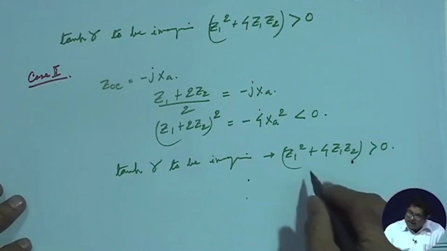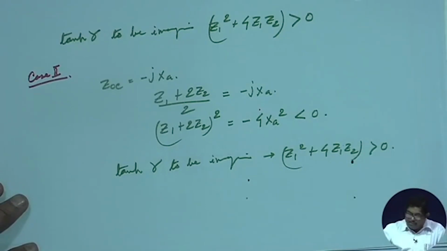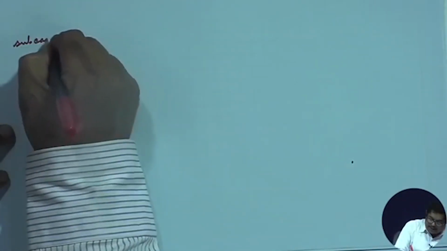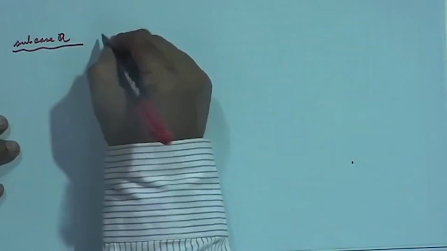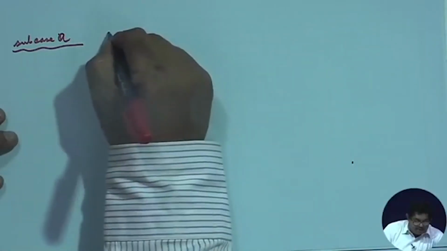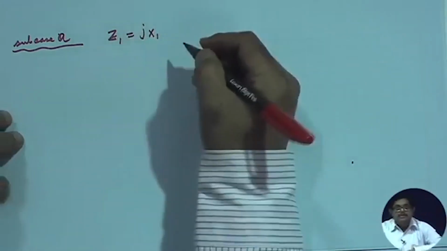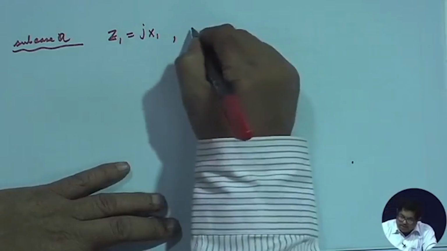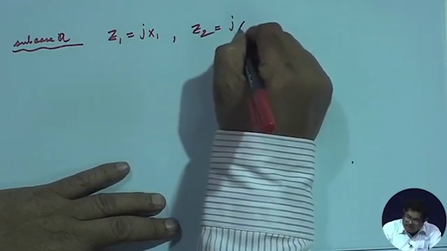Now Z1 and Z2 are reactive elements, so again there will be various subcases, because there will be various choices of Z1, Z2. Subcase A: we should remember that Z1 is equal to Jx1, let us choose this, and Z2 is equal to Jx2.